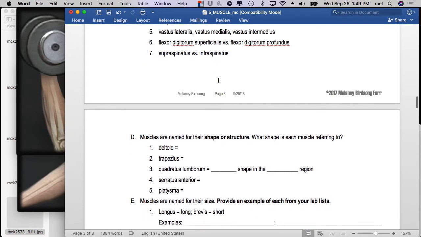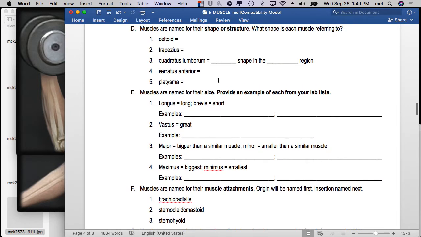All right. So muscles are also named for their shape or structure. This requires you to remember a little bit of geometry, but not too much. The deltoid is called a deltoid because it's what shape? Triangle. Who remembers what a trapezoid is shaped like? It's kind of like a diamond. It's a quadrilateral, but it doesn't have necessarily even sides.